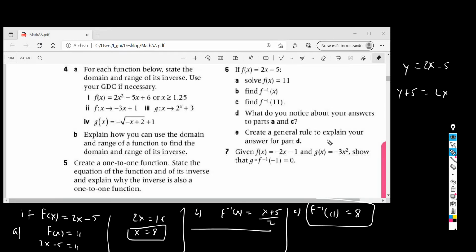Create a general rule to explain your answer to part D. Well, it's what we have been knowing for the whole time, right? That's what f inverse does. In the first part, we found that f of 8 is going to be 11. F of 8, input, output.